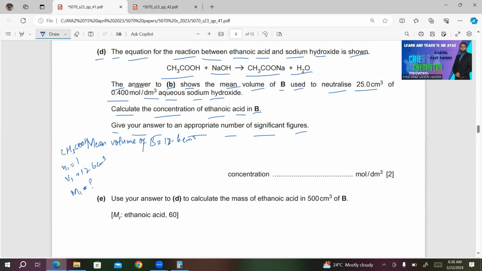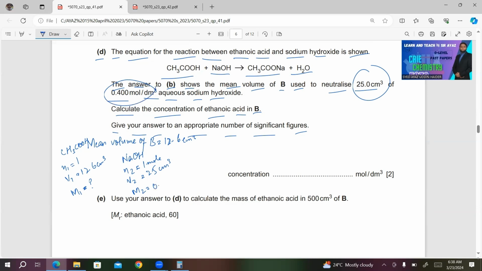For sodium hydroxide, the reacting moles is also 1. I'm using N2 for sodium hydroxide, so I will write 1 mole for N2. What about the volume of sodium hydroxide? You can see it's 25 cm cube. M2 is also provided, which is 0.4 mole per dm cube.